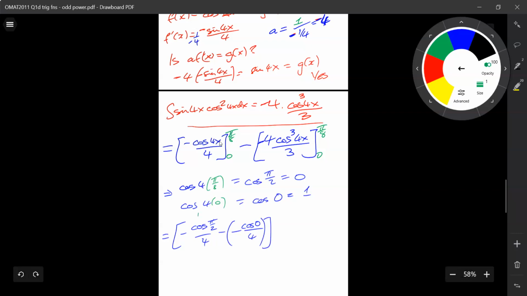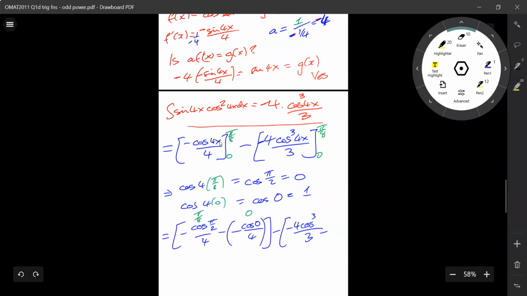That's the pi over 8 limit, that's the 0 limit, and then we do the other function. So it's minus 4 times cosine of, oh sorry, not 0, pi over 2 cubed, minus, and it's minus 4/3 cosine.